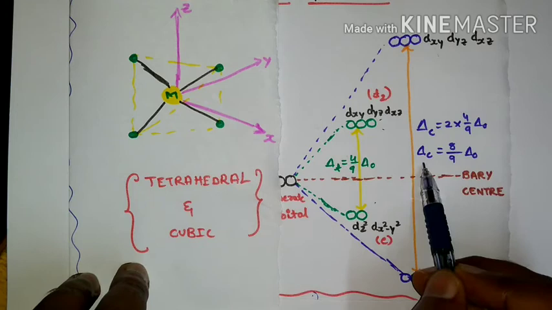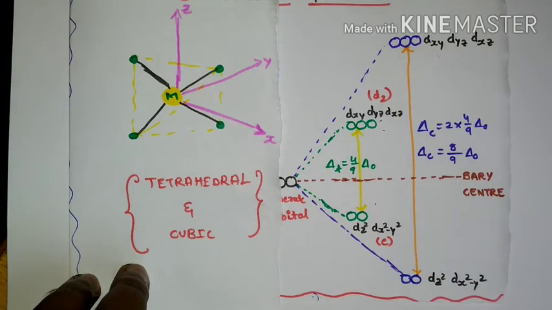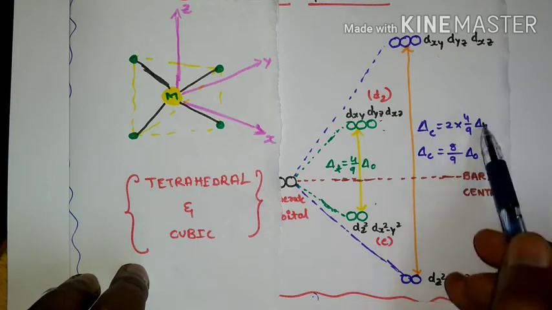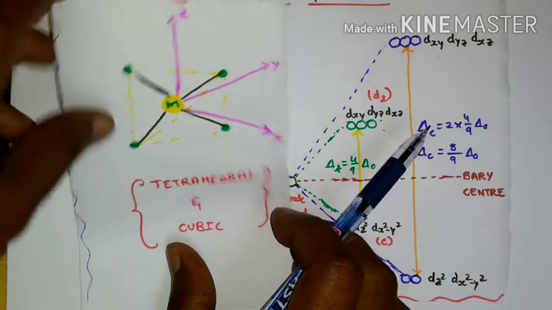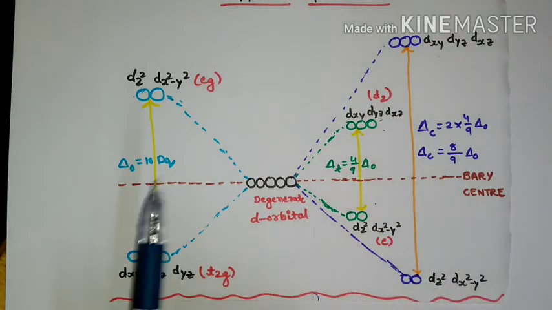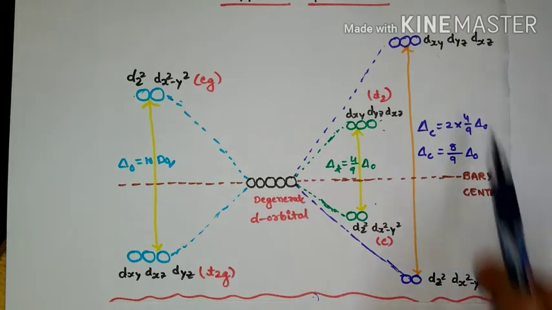That is, crystal field splitting in the case of cubic geometry will be equal to 8/9 of crystal field splitting of octahedral. So it's twice that of tetrahedral. So this is overall splitting of octahedral, tetrahedral and cubic geometry.